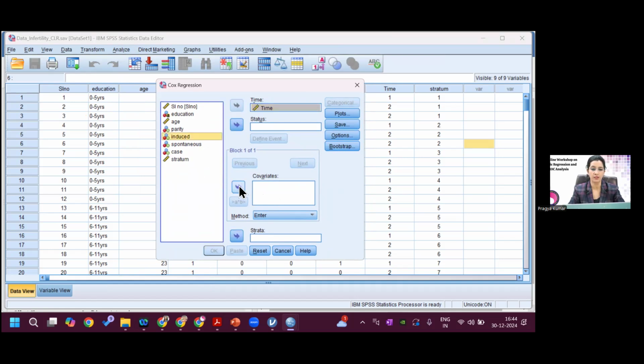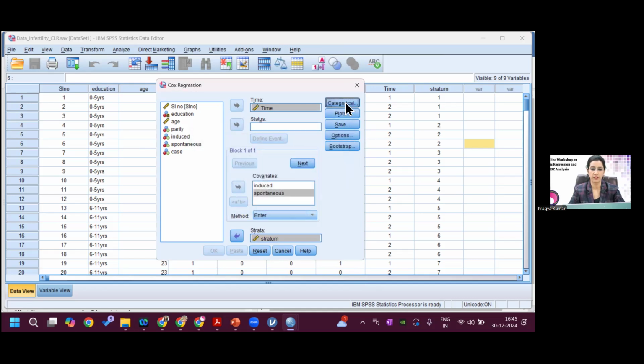I will enter induced and spontaneous here in the covariate. In the strata, I'll enter this stratum. This option we were not able to get in Jamovi. In Jamovi, we can perform Cox regression, but this strata option is not there. So then you can go to the option.